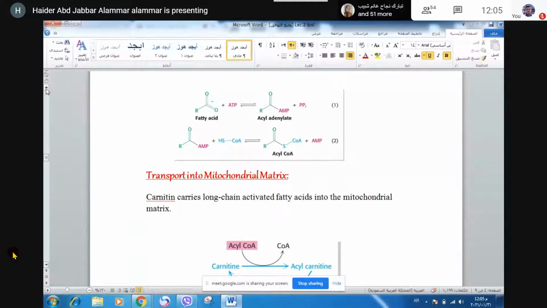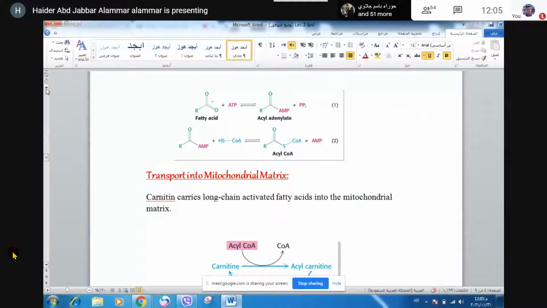So always remember the first step of beta oxidation: we have to activate the fatty acid by the action of the synthetase enzyme, and these two-step reactions catalyzed by this enzyme consume 2 ATP. So up to here we have made the fatty acid activated.